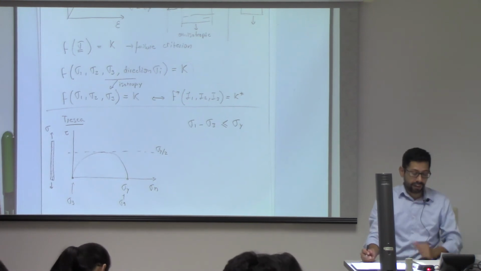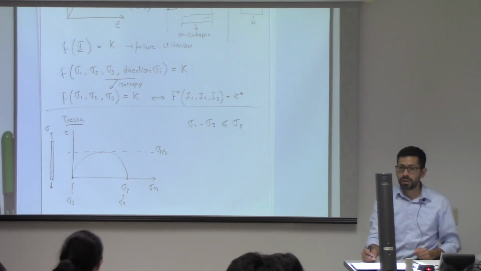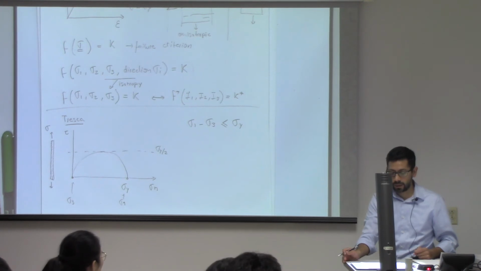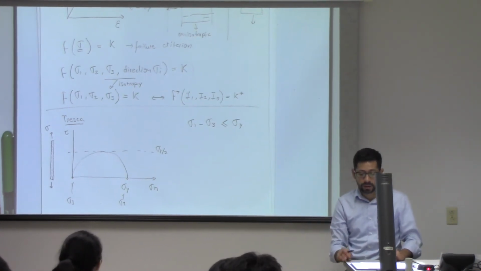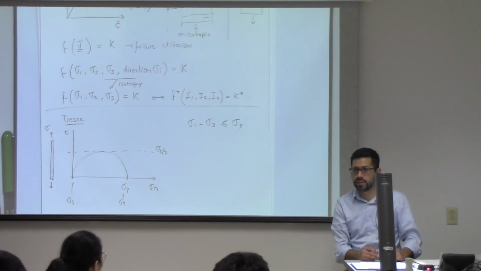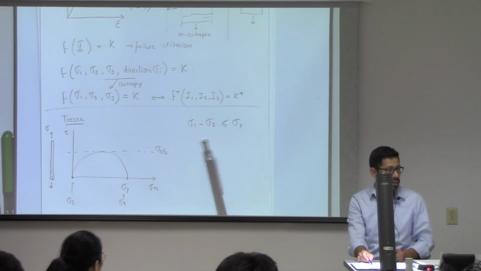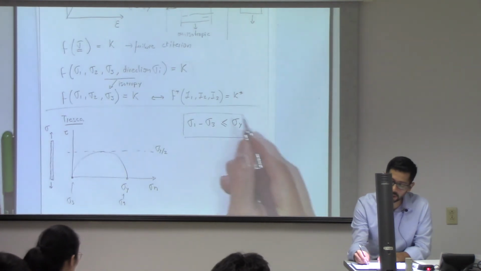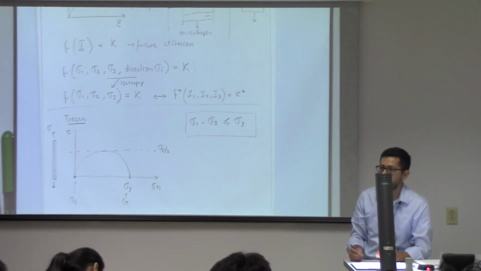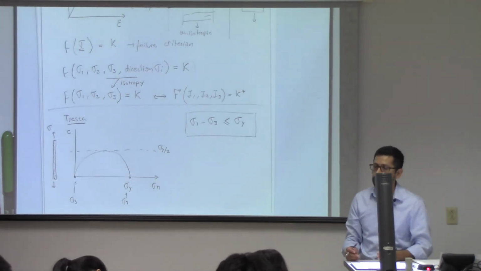This is a failure criterion which is mostly used for metals. Why? Because this is what is called a stress-insensitive failure criterion. It is stress insensitive because it just looks at the difference between the maximum and minimum principal stress, and it doesn't care about the mean stress.